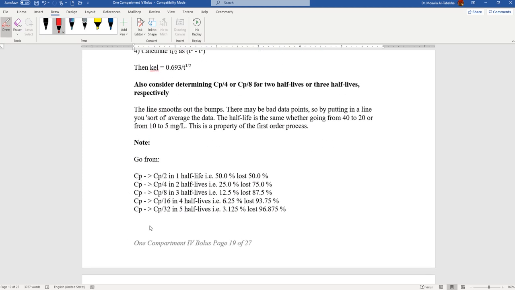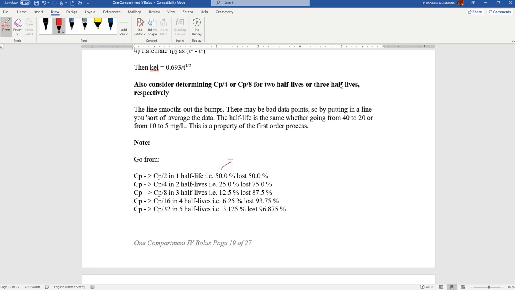Now look at the relationships here. Initially you have, let's say, CP0, which is the highest concentration. After one half-life, this concentration will be half the initial concentration, CP0 by 2. So 50% lost and 50% remaining.